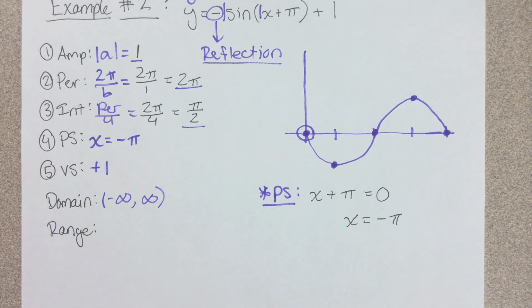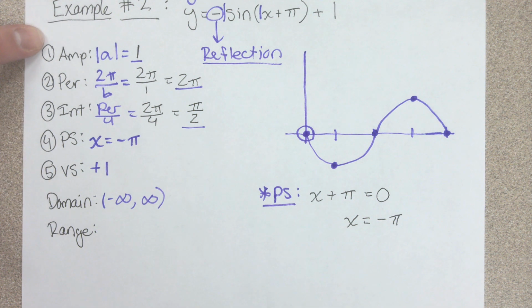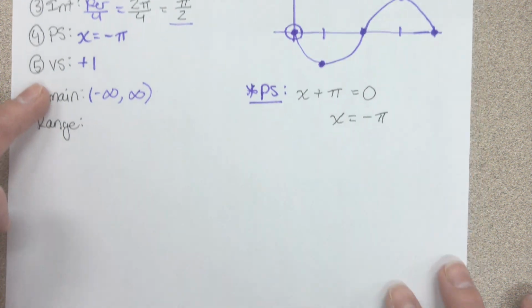Let's set up our graph, and thinking y-axis wise, we're going up 1 and then up and down 1 from there because of the amplitude. So you won't need a ton of space on the y-axis.